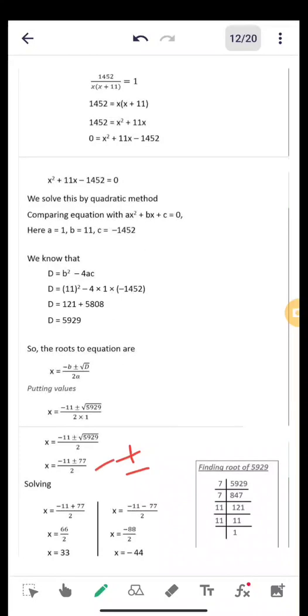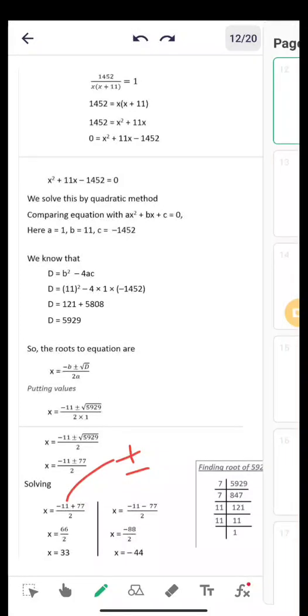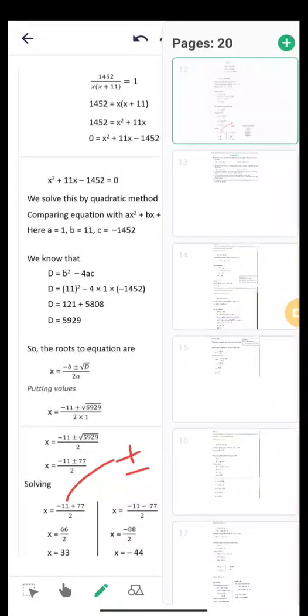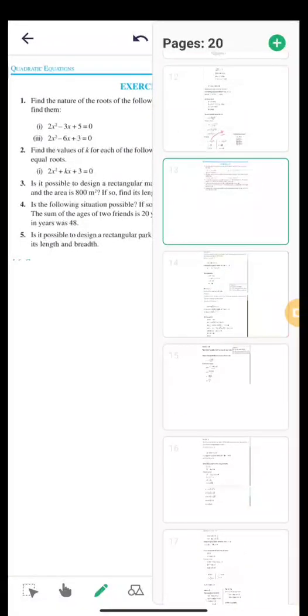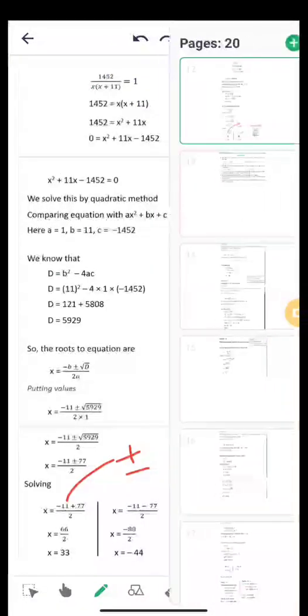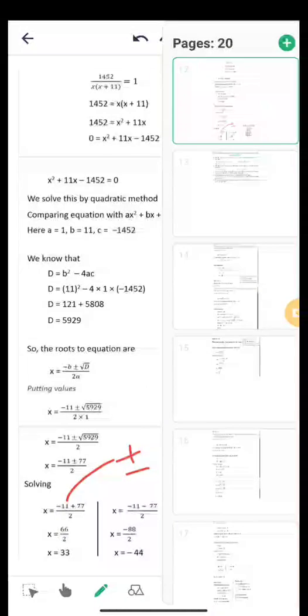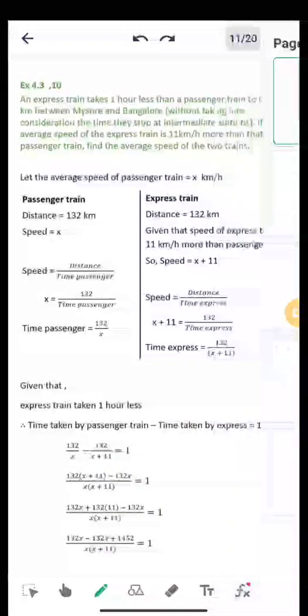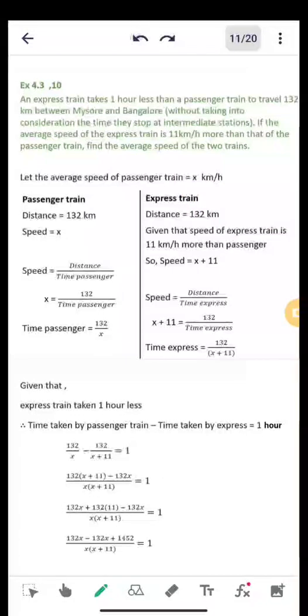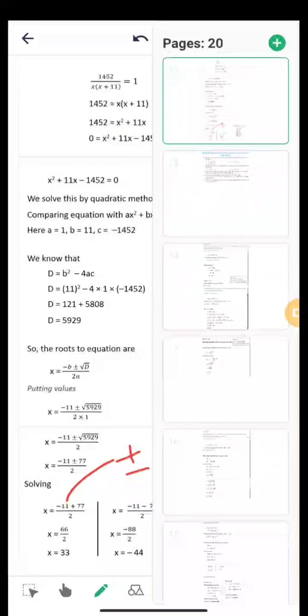So we got two values for x, that is 33 and minus 44. As x is the speed, speed cannot be negative. Can speed be negative? No. So as speed cannot be negative, the value of x is 33 kilometers per hour.